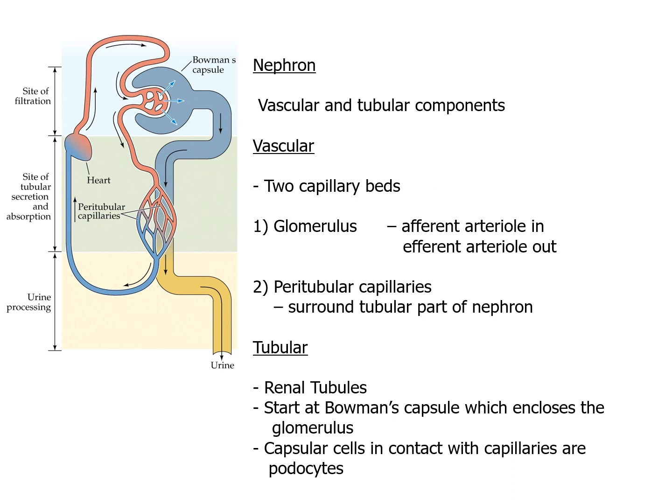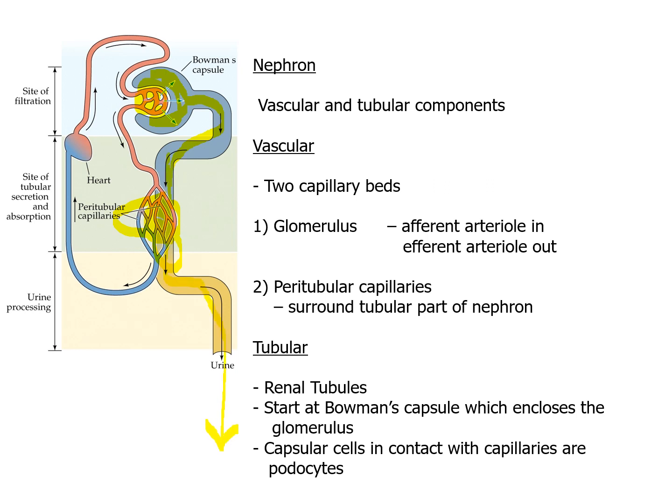Now, as you know, hopefully, from what I said before, there are 2 capillary beds. One is the glomerulus inside the glomerular capsule, and the second capillary bed are the peritubular capillaries around the tubules. The tubule starts with this glomerular capsule or Bowman's capsule, and then the fluid goes through it and out into the collecting duct as urine.